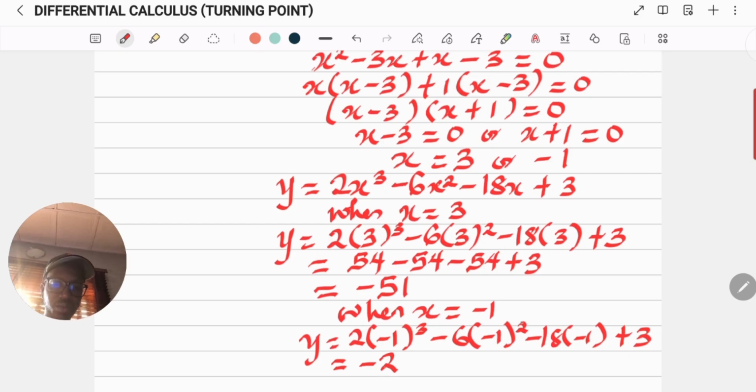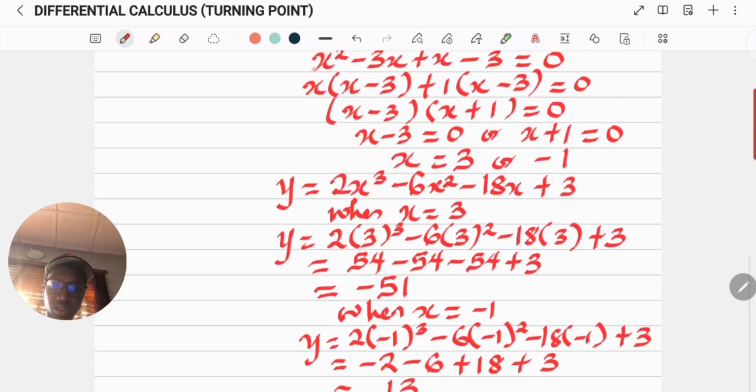Negative 1 squared is positive 1 times negative 6, that will give us negative 6. Negative 18 times negative 1 is positive 18, plus 3. And from here, negative 2 minus 6, that's negative 8, plus 18, that's positive 10. Plus 3, this is going to give us 13.